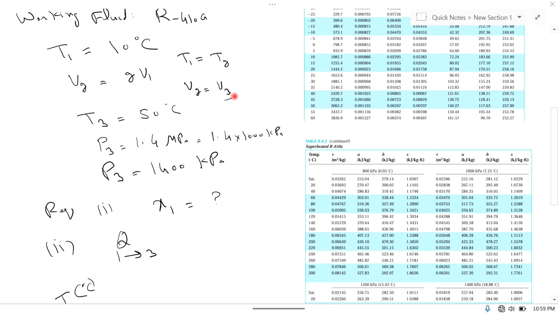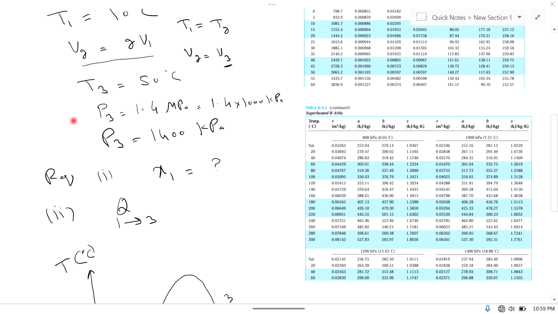If we find V3, it means that V3 is equal to V2, and from this relation we can find V1. So we can easily find V3, and then with the help of V3 we will find V1, and from V1 we will find x1.